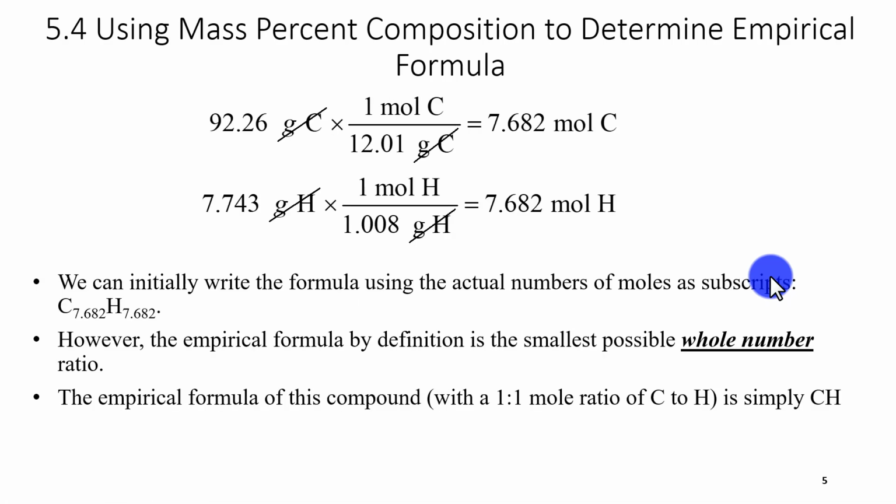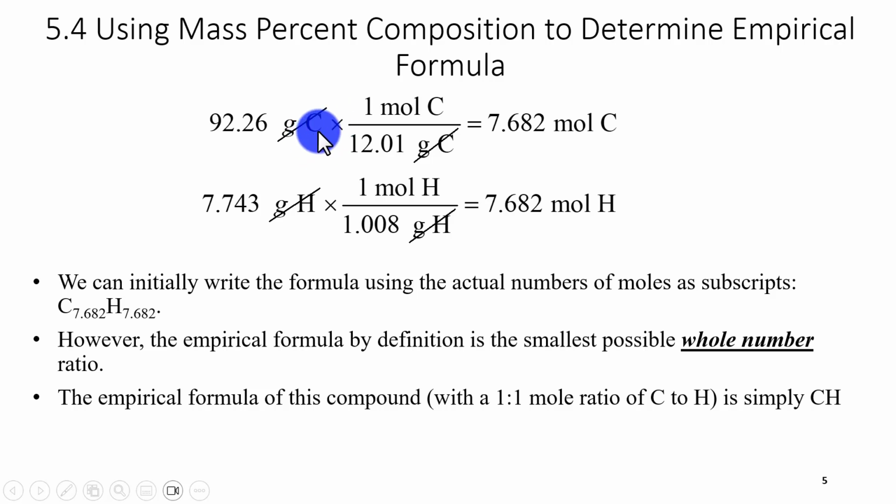The next step is to convert the amount of each element from grams to moles, and we do that by using their molar mass. If I have 92.26 grams of carbon, to convert this to moles, I use the molar mass of carbon. Make sure that you use the correct molar mass.